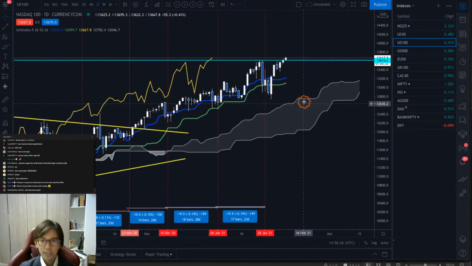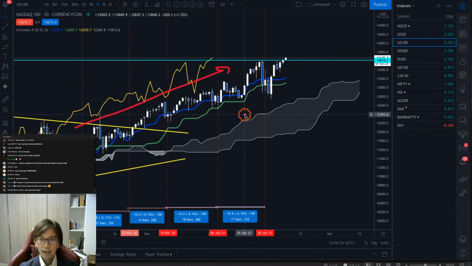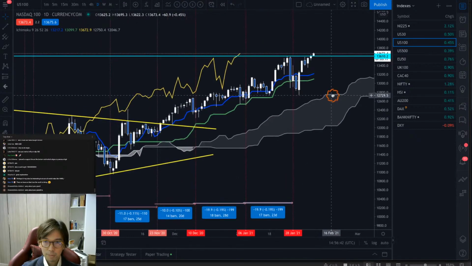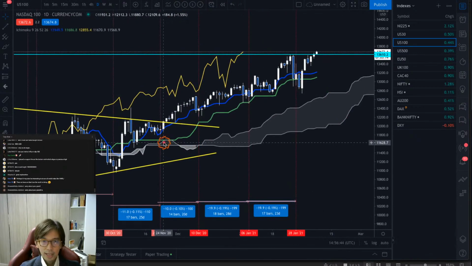So while this is uptrending like this way, you see the lows are in time cycle. Let me go back in the chart a bit more, and the lows are in time cycles.